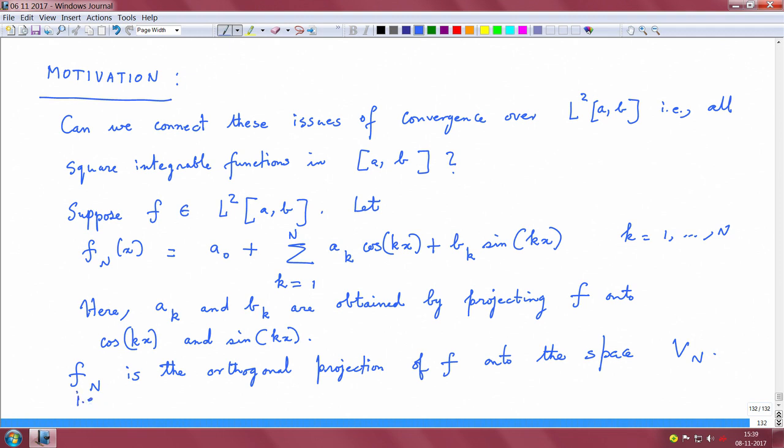That is, f_n is the element in this space V_n closest to f in the L2 sense.